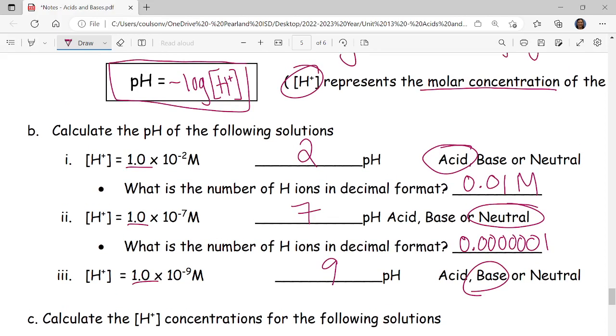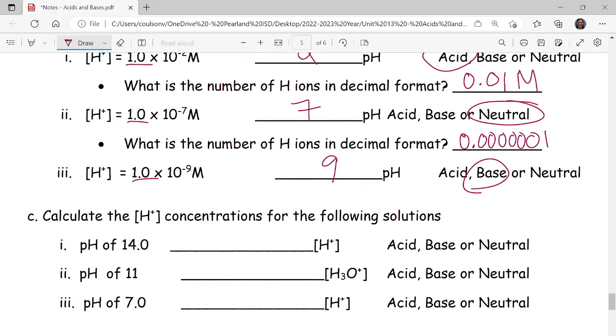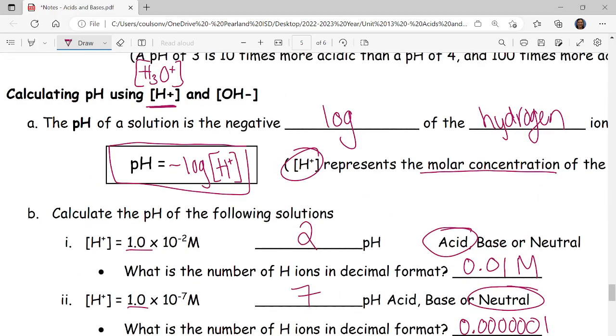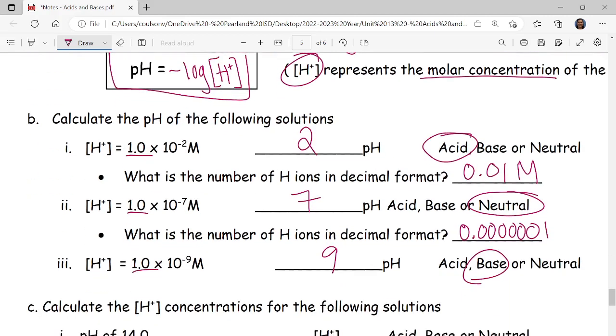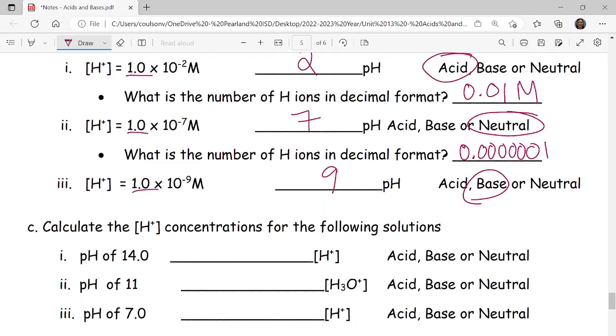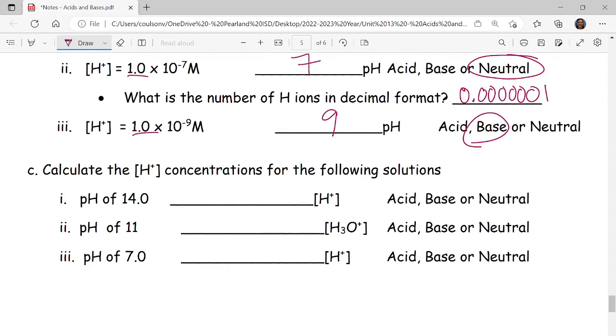Okay, let's move down to the bottom of this page, where it says calculate the hydrogen ion concentration for the following solutions. So if you have a pH of 14, your pH can be calculated by taking the negative log of your hydrogen ion concentration. I was kind of leaning towards not giving this to you, but I feel like it's not that big of a deal.